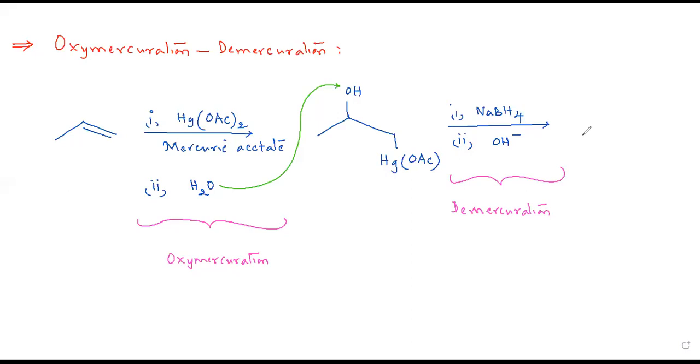Here, this mercuric acetate is simply replaced by a hydrogen that comes from sodium borohydride. A very important thing to be remembered. So OH is from water. H is from sodium borohydride. Now, check the mechanism.